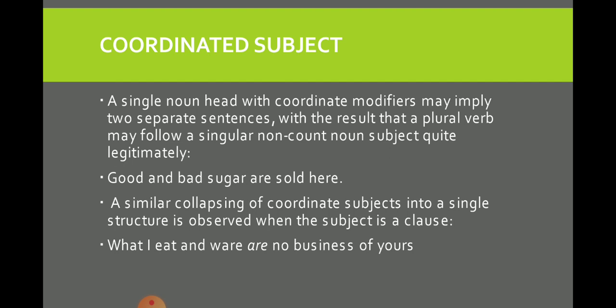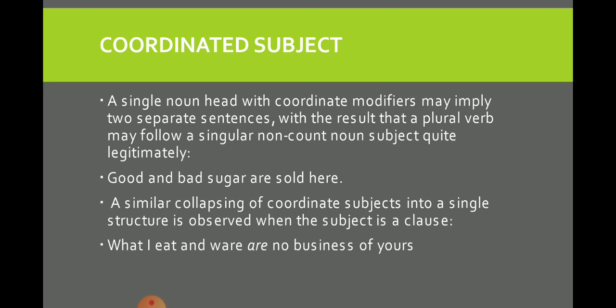in this case, although the head noun is singular, we are going to consider it as a plural, and that's why we use a plural verb. Let's take this example to clarify the idea. Good and bad sugar are sold here.